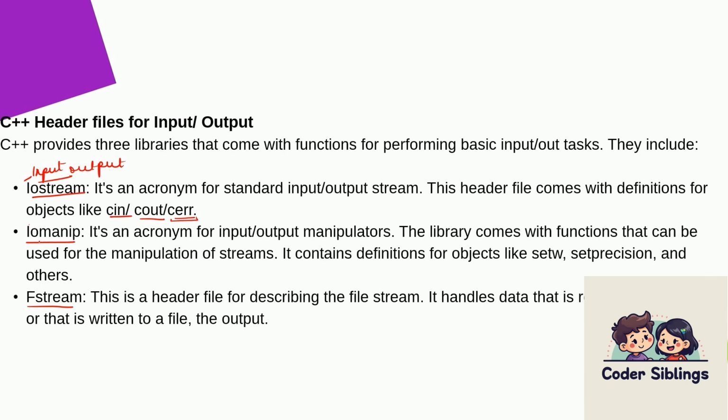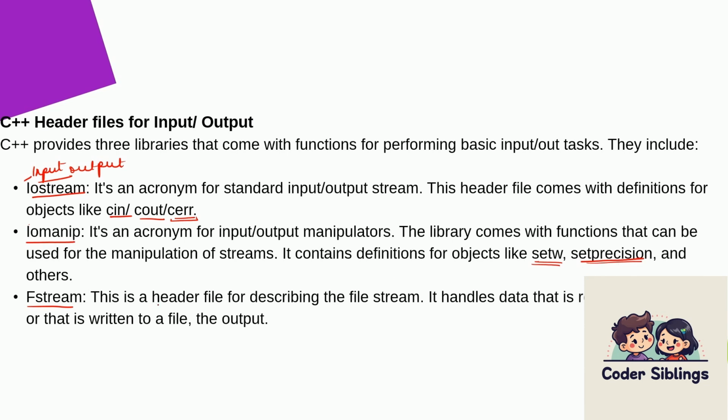It is a library that contains functions that we can use for the manipulation of streams. So how can we manipulate streams? It contains definitions of setw, setprecision, and others, right?